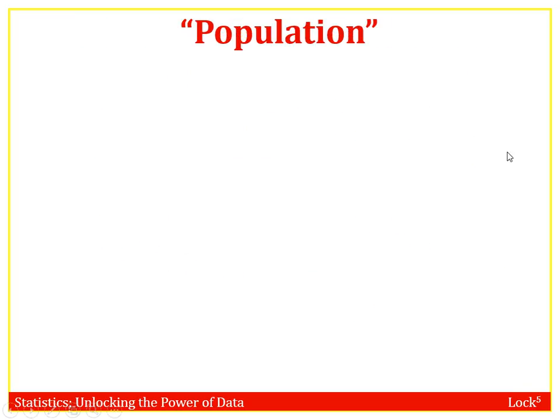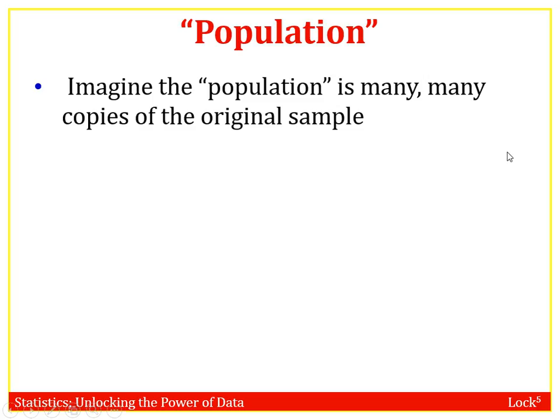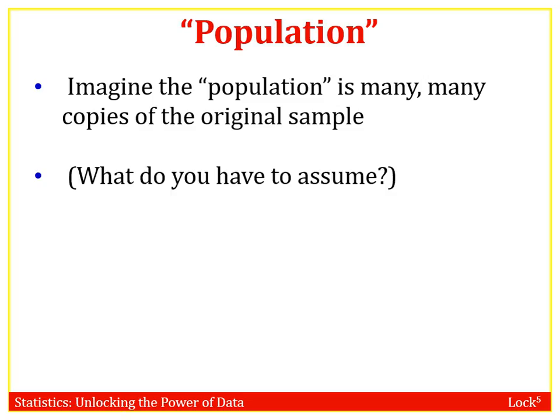So we need to, quote unquote, imagine a population. To do that, we can just take our original sample and make many, many copies. Well, what do we assume when we do this? We're assuming that our original sample was representative of the overall population. If it wasn't representative, we're going to end up going astray.